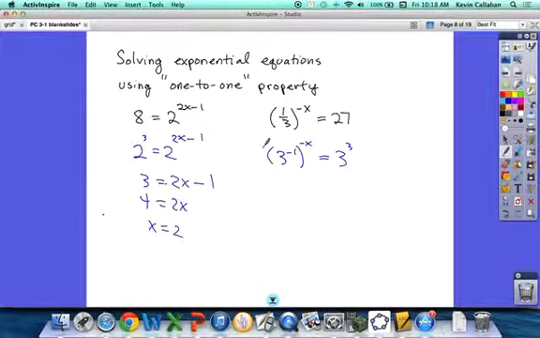What's the operation when you raise a power to a power? What do you do with these two? You multiply them, right? So that would be 3 to the x equals 3 to the 3rd. Right, so using the 1-to-1 property, since the bases are the same, the exponents are the same. X equals 3.